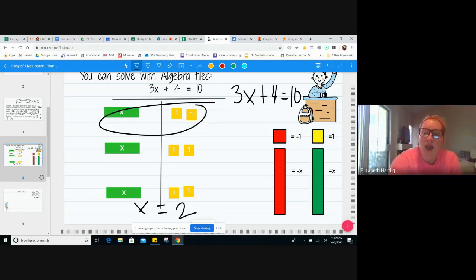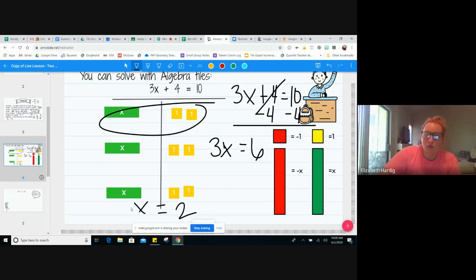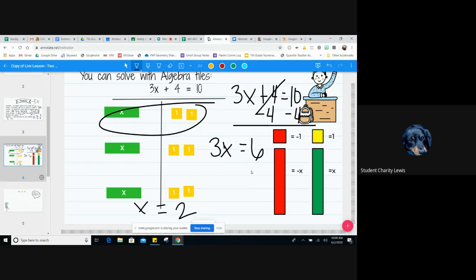Right. We added 4 negatives, which is the same as subtracting, right? And we added them to both sides. So we created a 0 pair. And then I had 3x, and it was equal to 6. When I separated all of these into 3 groups, I'm sharing equally. If I'm sharing, isn't that division? Yes.